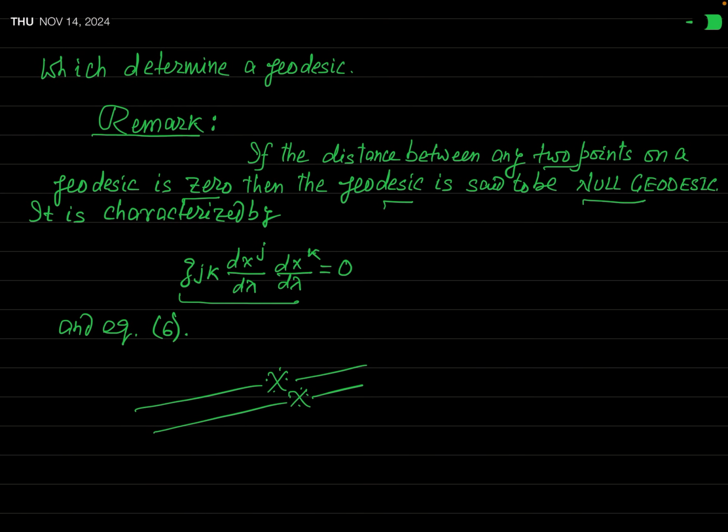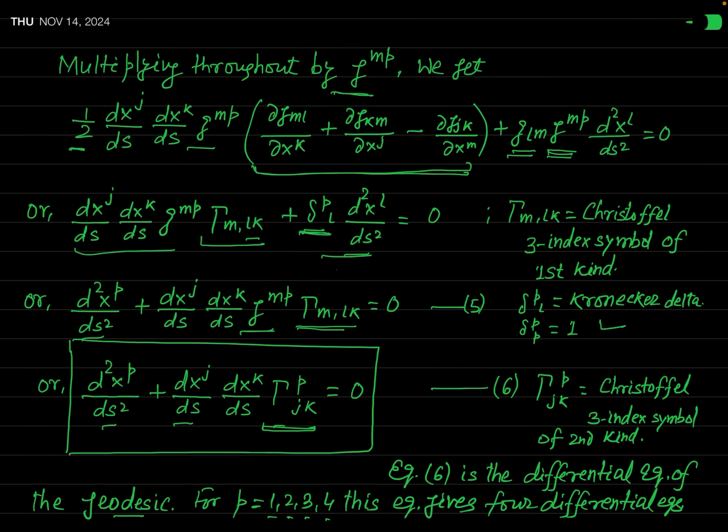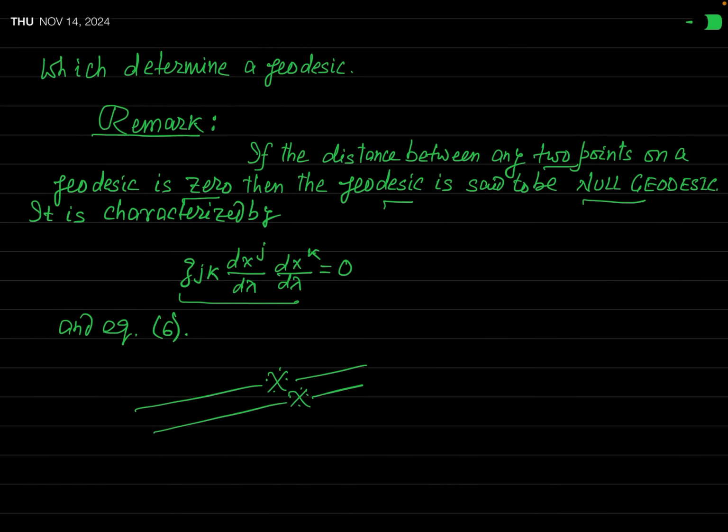This differential equation is the general differential equation. It will describe any geodesic, even the null geodesic. So along with this equation, a null geodesic is characterized by utilizing the condition g_{jk} dx^j/dλ dx^k/dλ equal to 0.